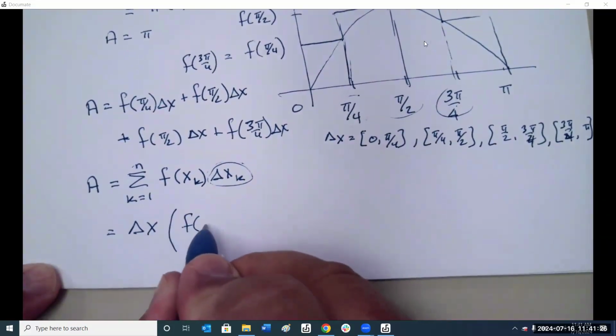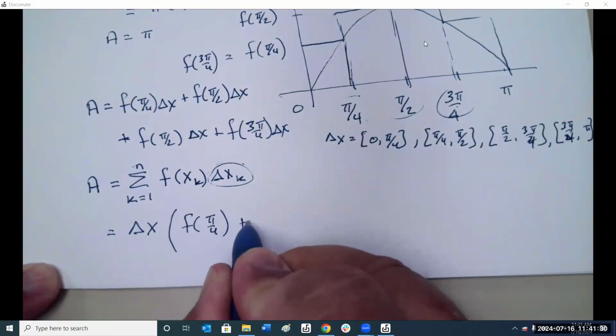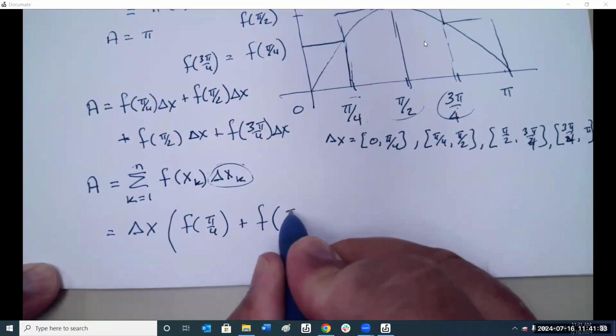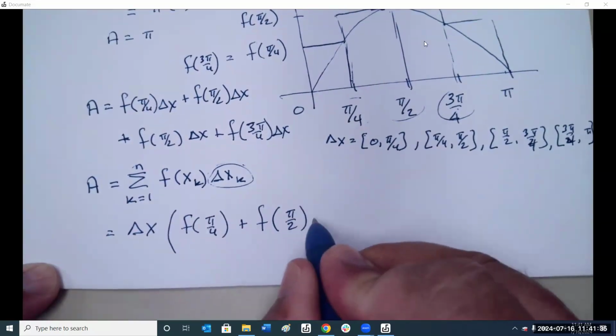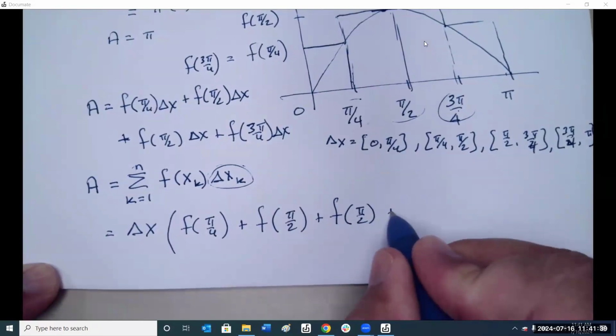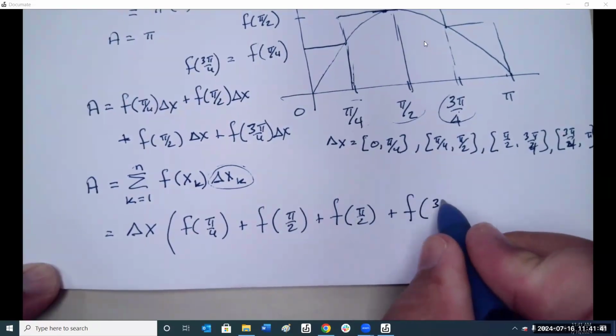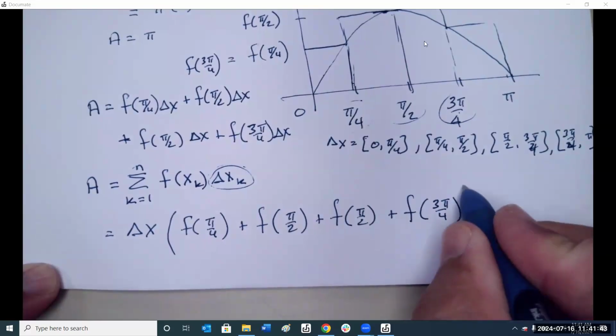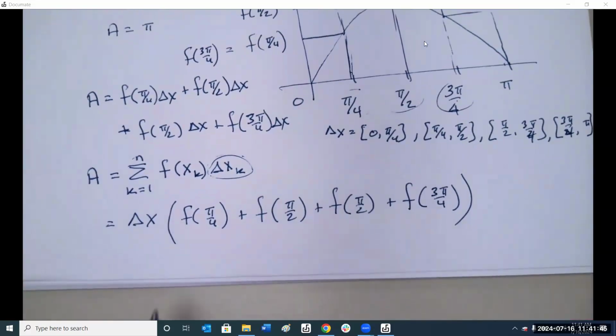So all we're going to do is add up all of these and then multiply by the delta x.